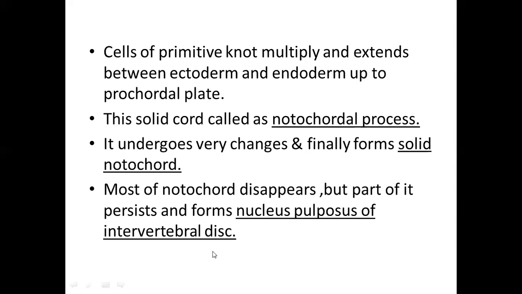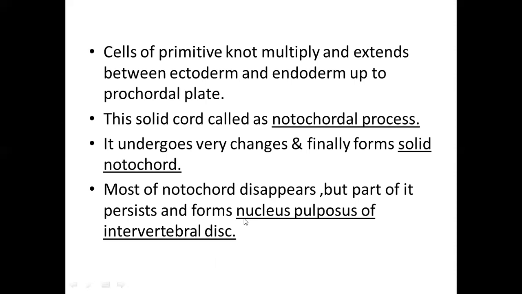So this is the remnant of the notochord in the form of the nucleus pulposus. You know that the intervertebral disc has two parts: one is the nucleus pulposus, the other is the annulus fibrosus. The nucleus pulposus is a remnant formed from the notochord.